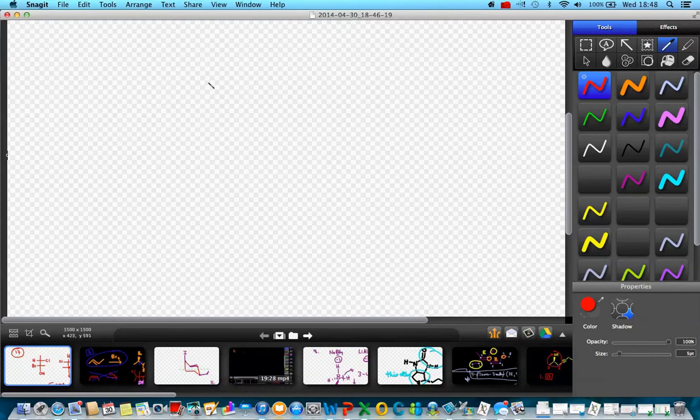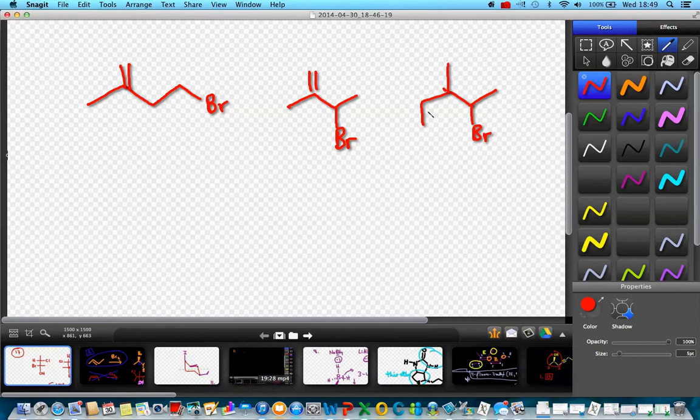Number 18, which is the best SN1 substrate? So it needs to have the most stable carbocation. Okay, if the leaving groups leave, let's just go ahead and make those leave.